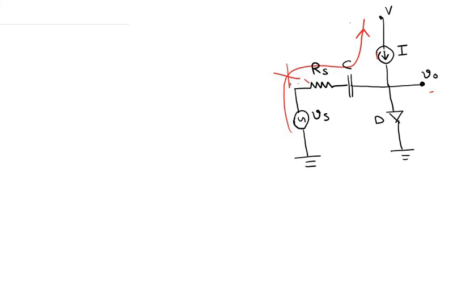Okay, so this path of flow for AC current is basically blocked. So AC current can only flow through this path over here. This is the path of AC current.